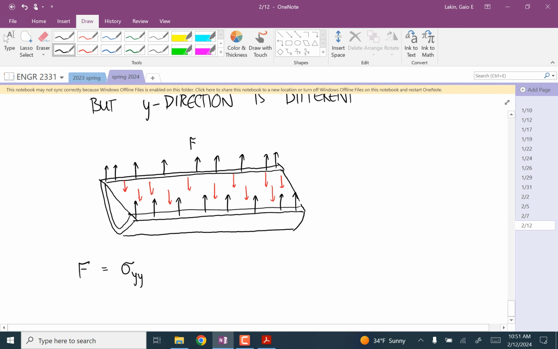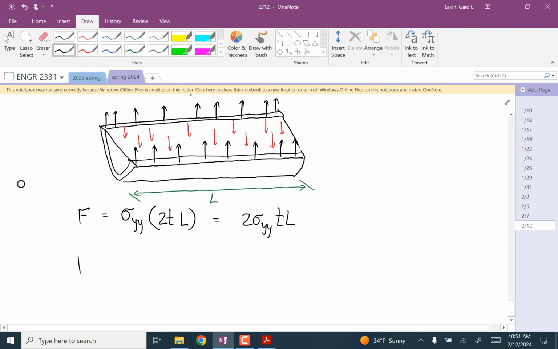And so the total area here, if this thing has a length of L, what would that area be? 2 times, because there's 2 sides, the thickness times L. And the pressure force would be the pressure times the area, which is 2 times the radius.